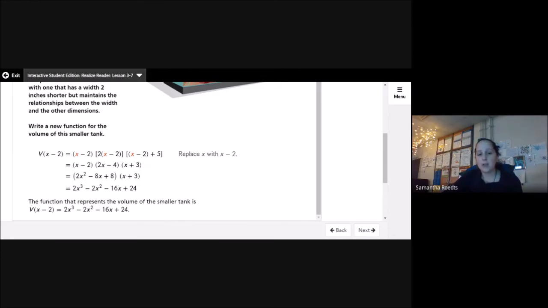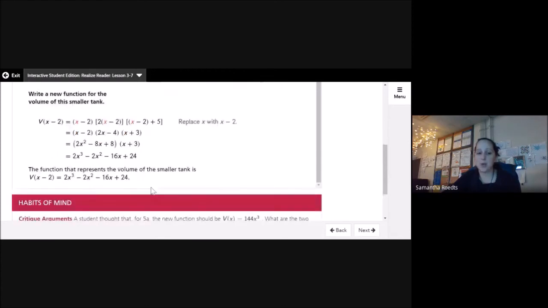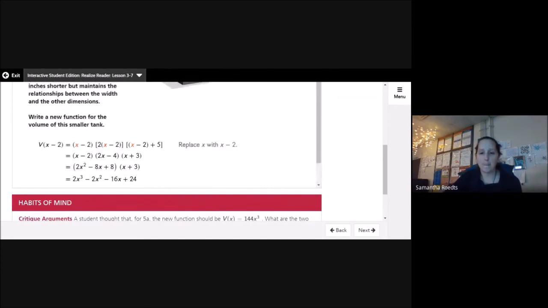And then I'm going to simplify this negative 2 plus 5. So I get x minus 2 times 2x minus 4 times x plus 3, or 2x squared minus 8x plus 8 times x plus 3, which gives us 2x cubed minus 2x squared minus 16x plus 24. So the function that represents the volume of the smaller tank is v of x minus 2 equals 2x cubed minus 2x squared minus 16x plus 24.